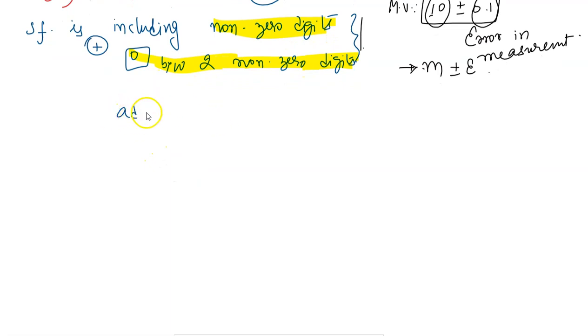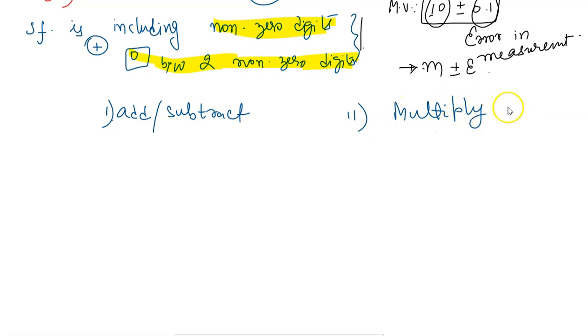Okay, let us now understand the operations that we perform based on significant figures. We can either add or subtract two quantities, or we can multiply or divide two numbers. So let us say I wish to add 2.3 with 1.47. Then if I add, the real value is going to be 3.77.